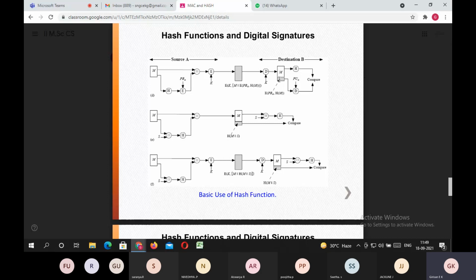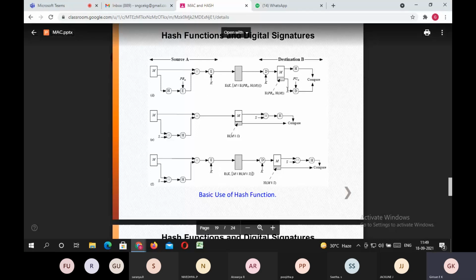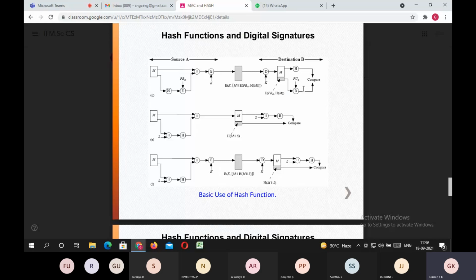Upon receiving the message, the recipient will decrypt using the same secret key. Then he will get the message plus the hash code. From the message, he will compute the hash, decrypt the received hash code using A's, the sender's or source's, public key, and compare it with the computed one.